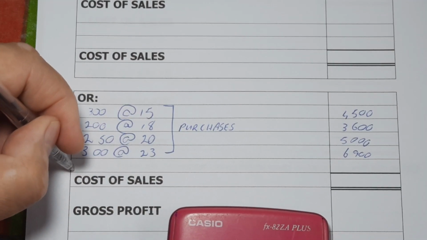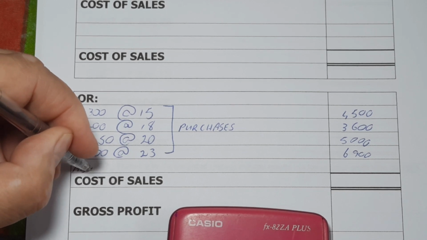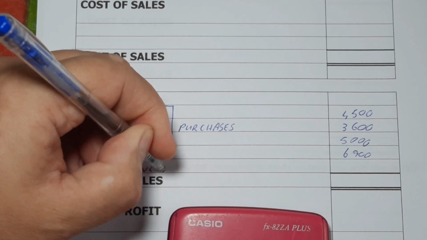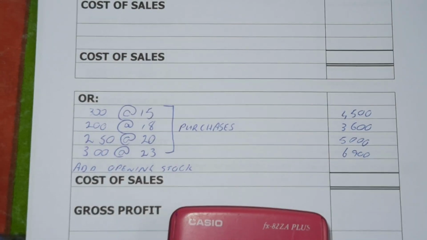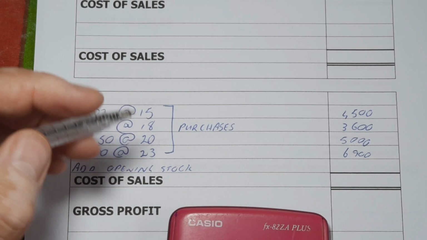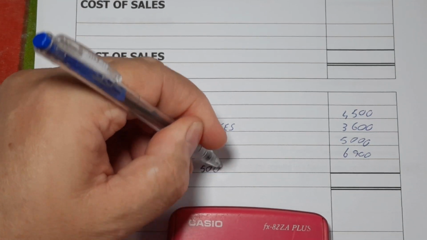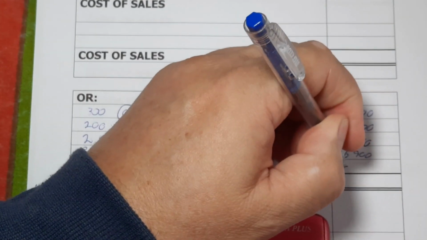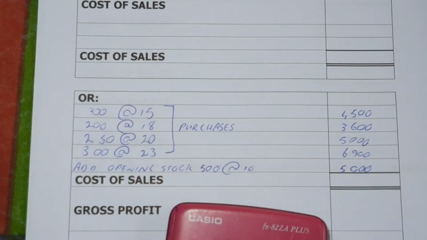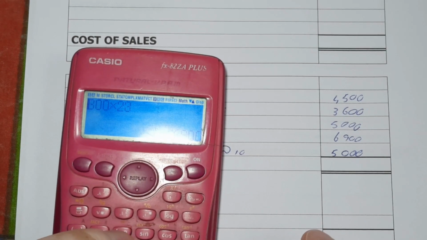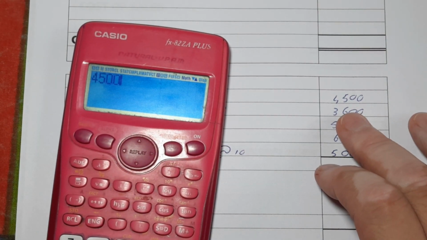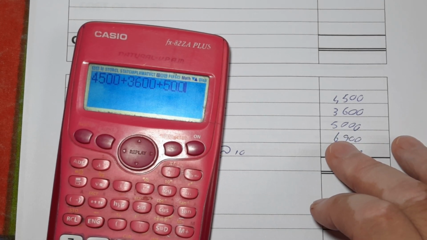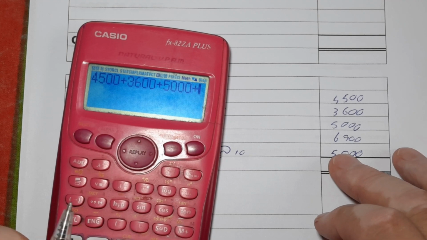Then we have to add our opening stock. And that we had 500 units at 10 Rand a unit, which would be 5,000. So we take the 4,500 plus the 3,600 plus the 5,000 plus 6,900.